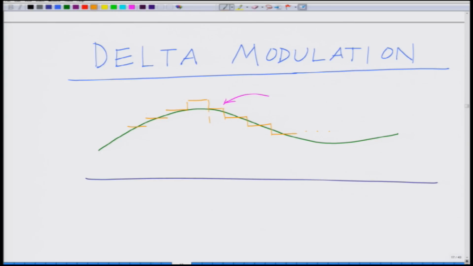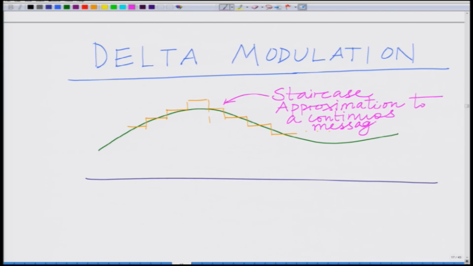We are trying to build a staircase approximation to a continuous message signal.